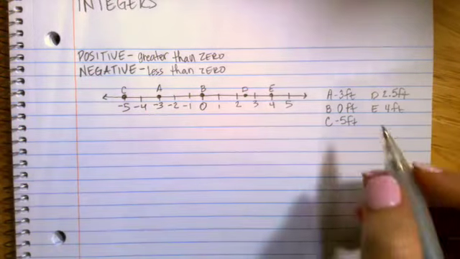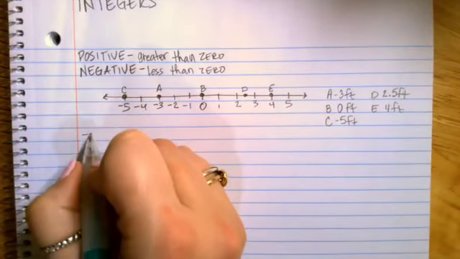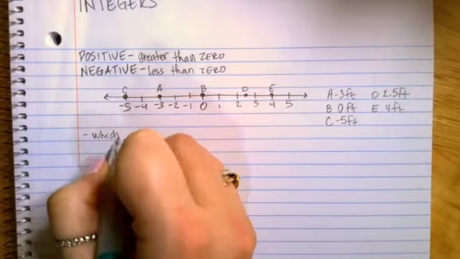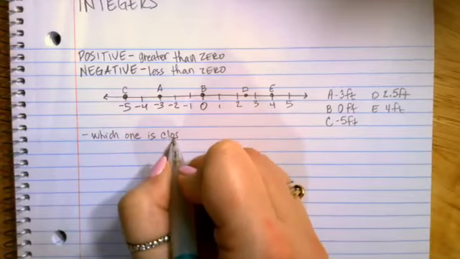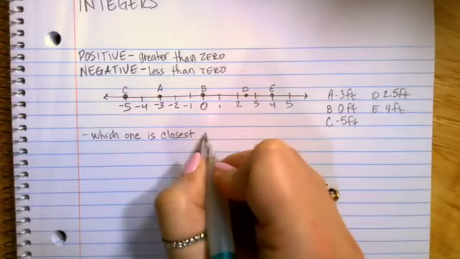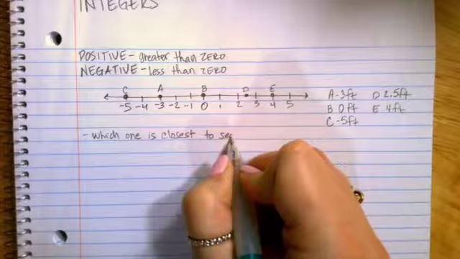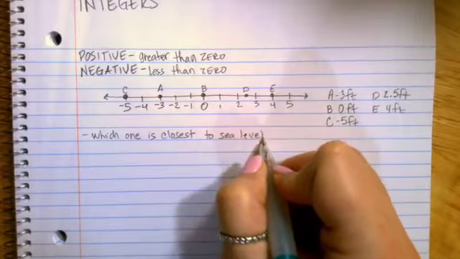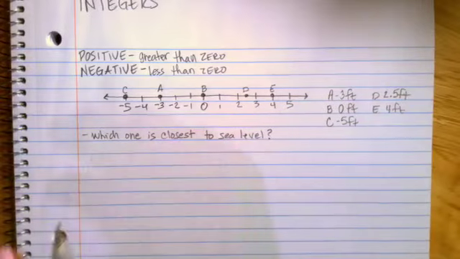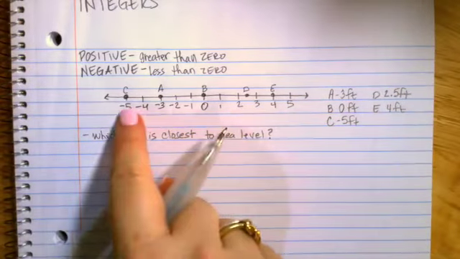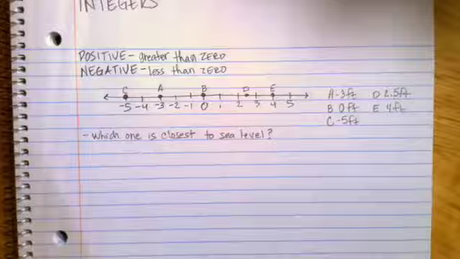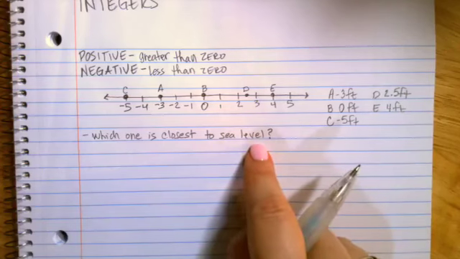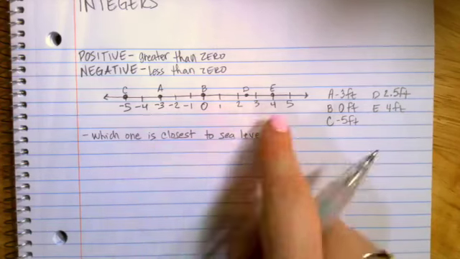Okay, so a question is, which one is closest to sea level? Like without actually being at sea level, which one of these is actually closest to sea level? What does that mean? That means sea level, if you remember, is 0. So which one of these is actually closest?